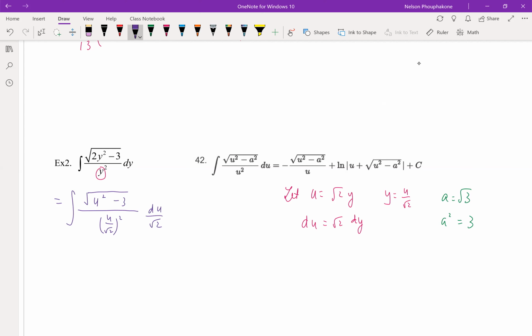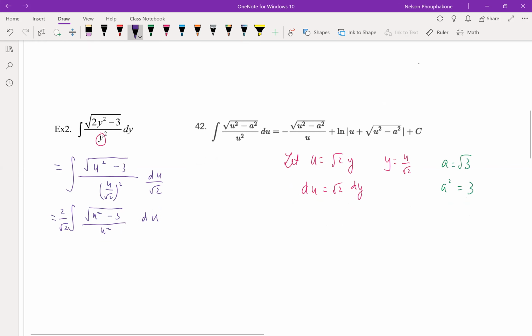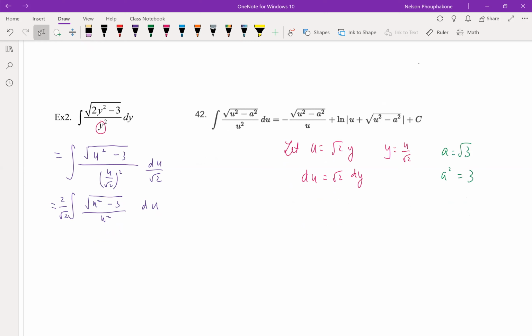Now we could work it out to simplify this. I will have the square root of u squared minus 3, over u squared, and then this one will be 2 over root 2, and then du.